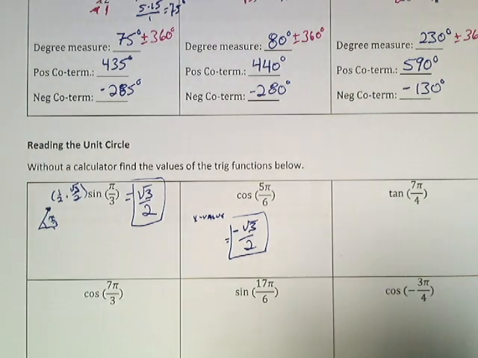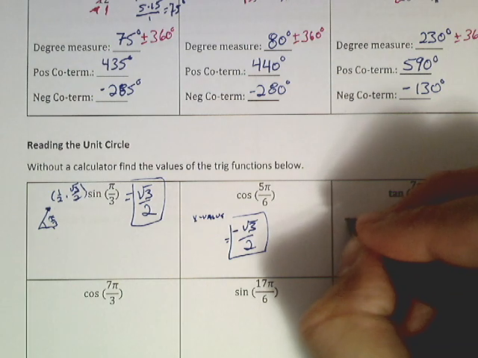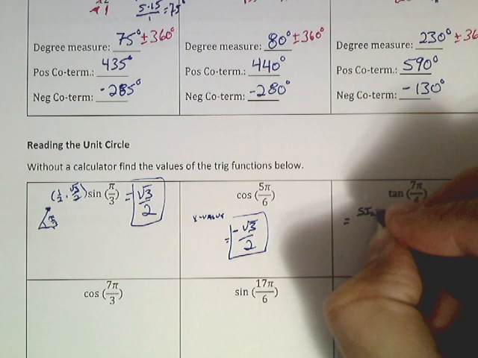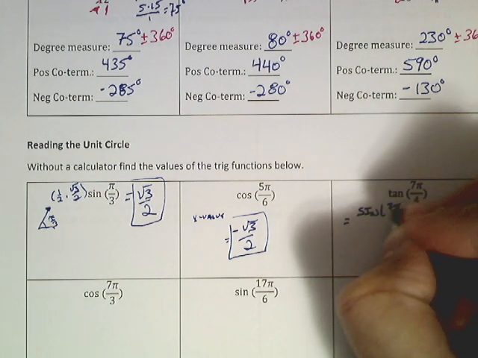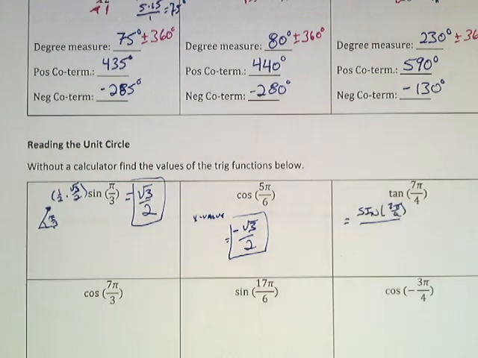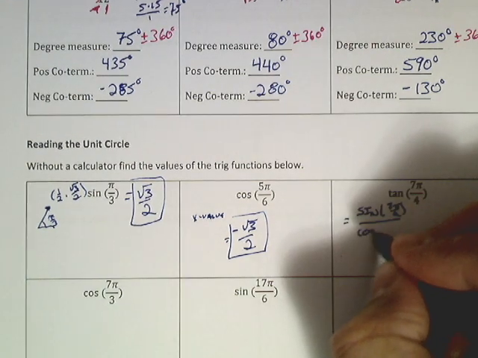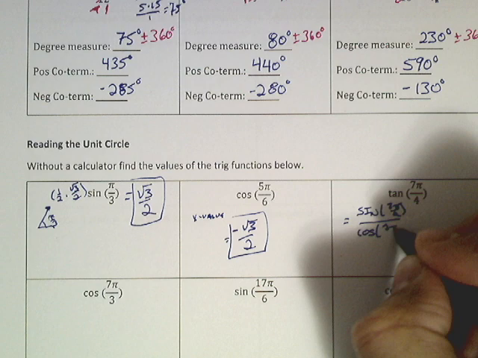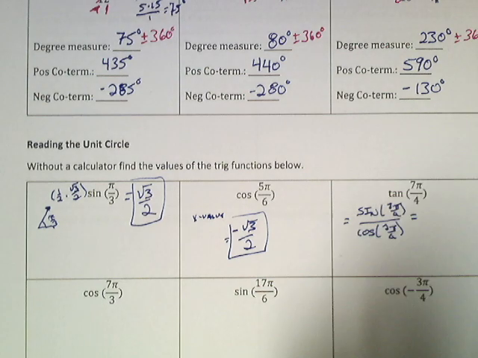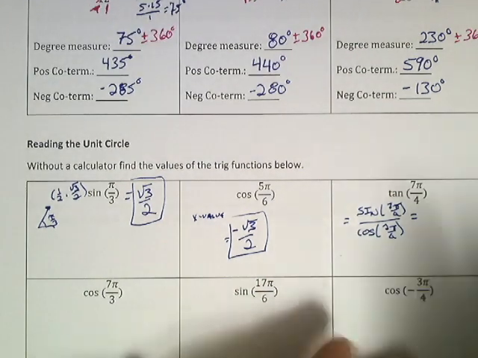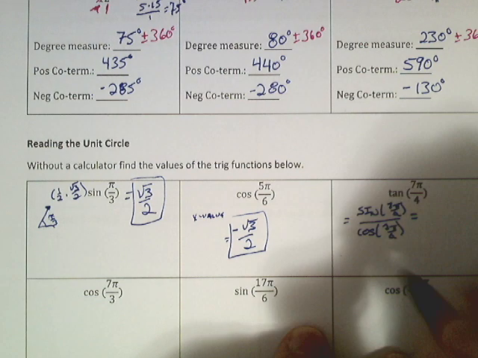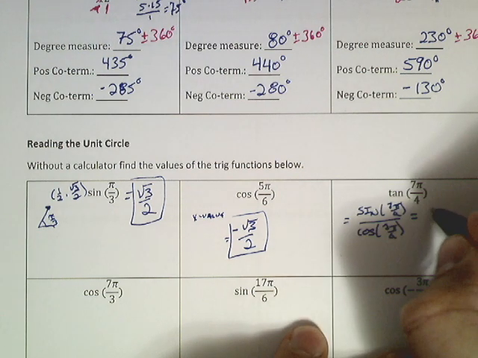Tangent of 7 pi over 4. Well, this is going to be equal to sine of 7 pi over 4 divided by cosine of 7 pi over 4. Sine of 7 pi over 4, so that's quadrant 4, I believe.